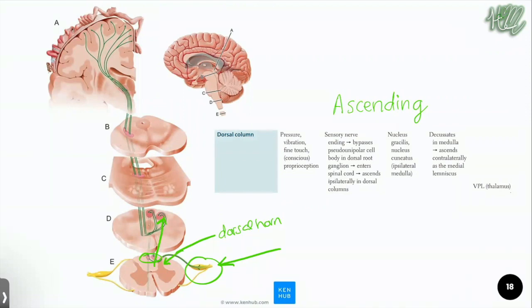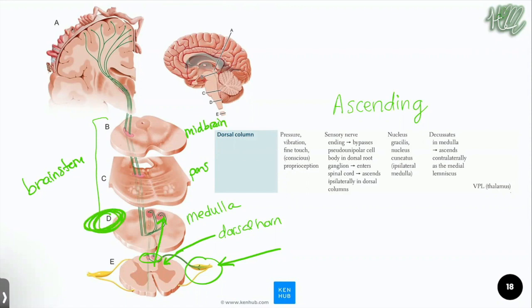I said that slower because it's so important where the decussation happens. This is the medulla of the brainstem. B, C, and D are the brainstem. D is the medulla, C is the pons, B is the midbrain. So here, D is so important. This is where the decussation happens.